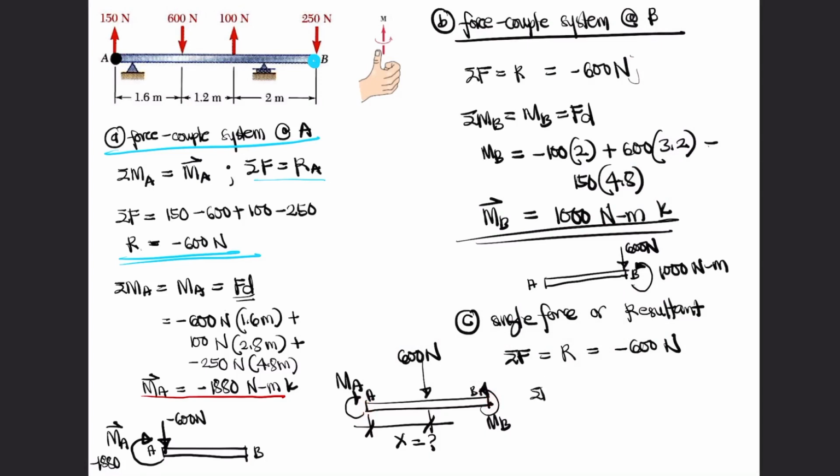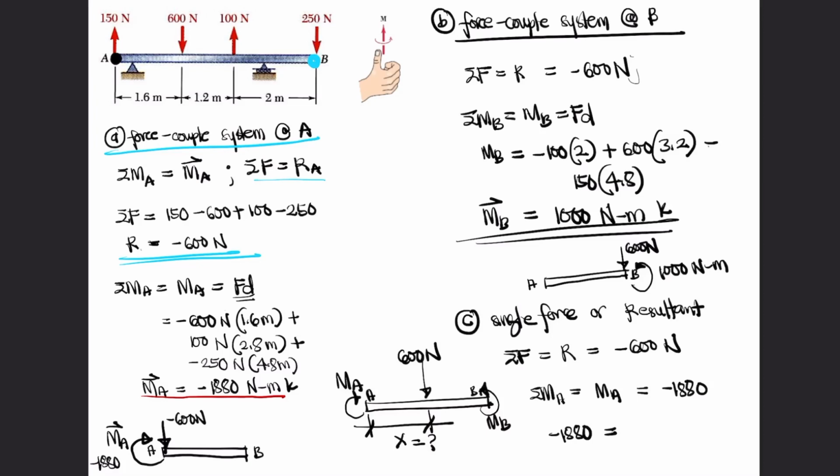So, summation moment at A equal to 0. No. Summation moment at A equals moment at A, where moment at A is equal to force times perpendicular distance. We know that moment at A is negative 1880. So negative 1880 equals 600.